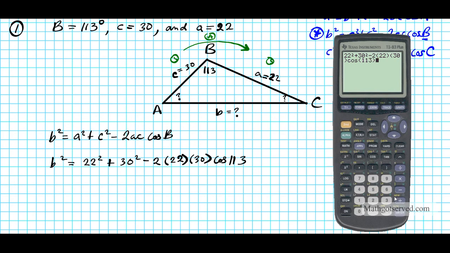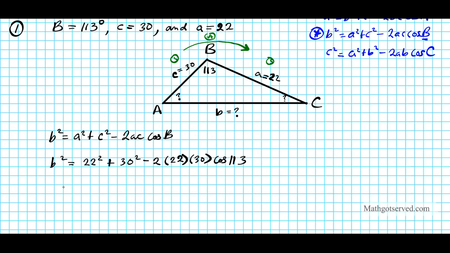All right, enter, and our answer is 1899.7651. All right, so we have b squared equals 1899.7651. But we're looking for b, not b squared. So what we do is we take the opposite of square, which is square root. We'll root both sides. Okay.